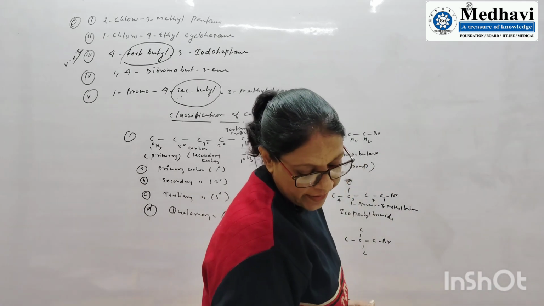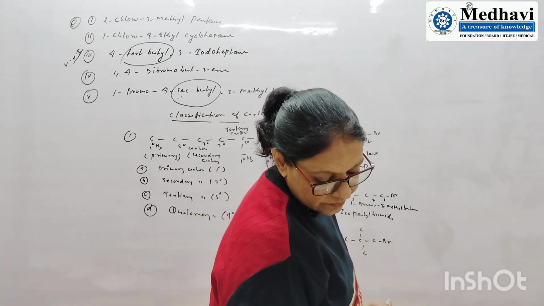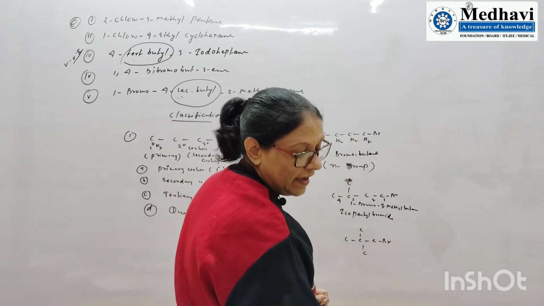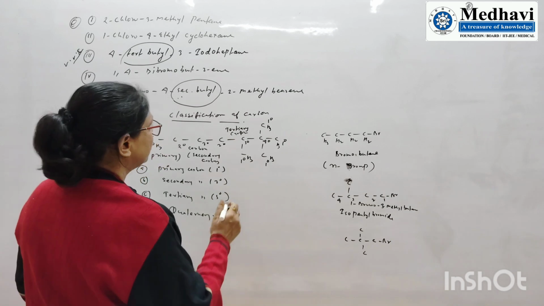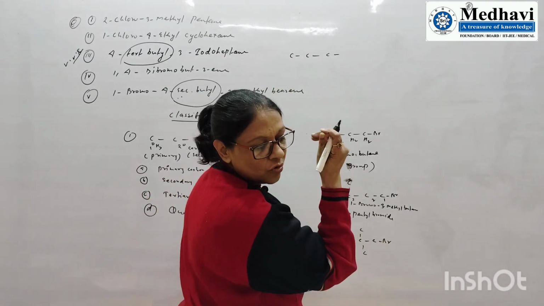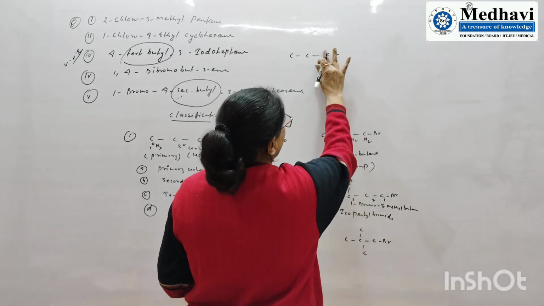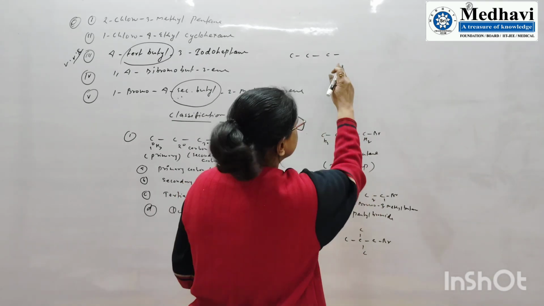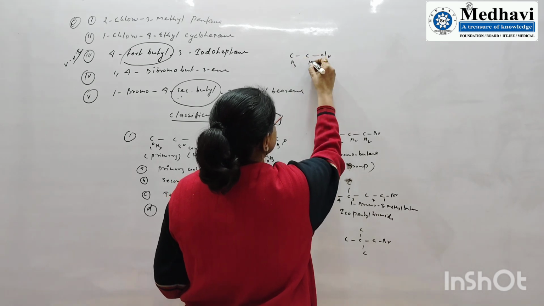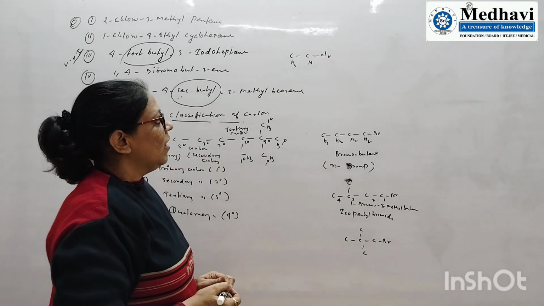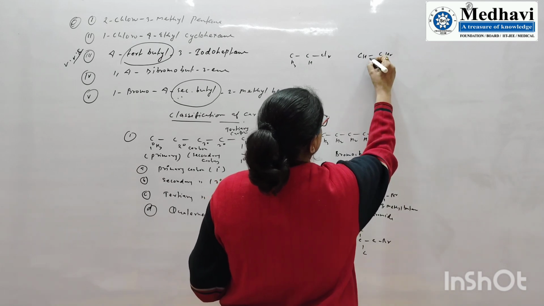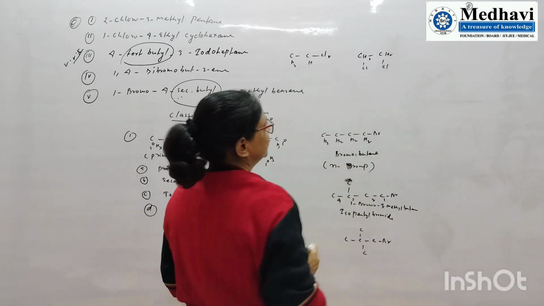Suppose this is the compound. If halogen groups are present on the same carbon, suppose two halogens are present on the same carbon, CH3, CH, Cl2, or two halogens are present on different carbons.